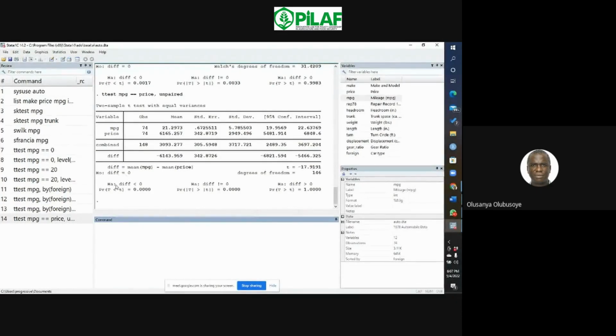If this is your alternative hypothesis, you are also going to reject the null hypothesis, and you will conclude that there is a difference, and the difference is negative. So this one simply tells you that you cannot reject the null hypothesis. So this is how you conclude based on this output.